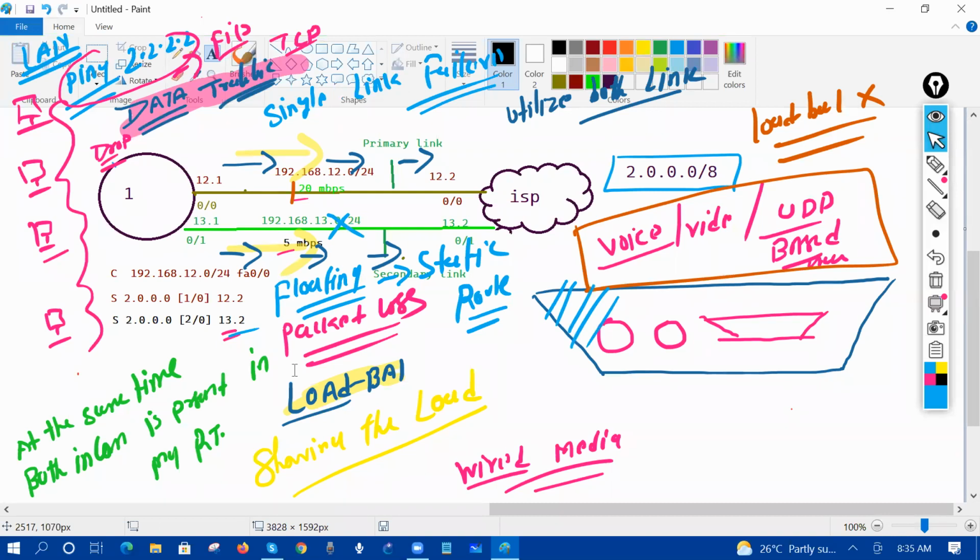Don't use any AD value that is reserved by some other routing protocol. For example, EIGRP 90 and 170, OSPF 110, RIP 120, BGP 20 and 200, EIGRP 5. Don't use these AD values for the floating static route.